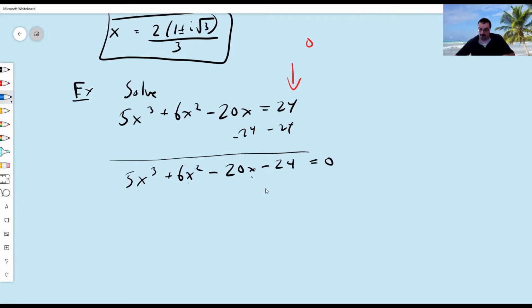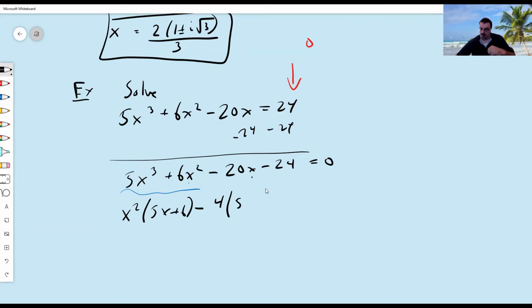So let's see, what can I take out of the first 2 terms? Well, there's an x cubed and x squared, so we're going to take out x squared. There's a 5x plus 6. The last 2 terms, the 2 minuses here, we'll take out a minus, and 20 and 24 share a factor of 4.